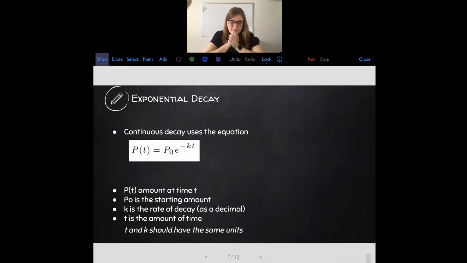Next we're going to talk about exponential decay. Continuous decay uses an equation that's really similar to growth, except we have negative k, since whatever we're dealing with is continuously decreasing. P of t is the amount after time t, P naught is the starting amount, k is our rate of decay, which again we'll use as a decimal, t is the amount of time, and t and k need to be in the same units.